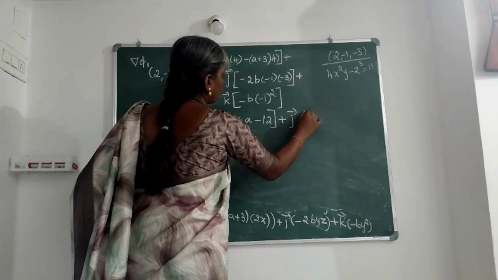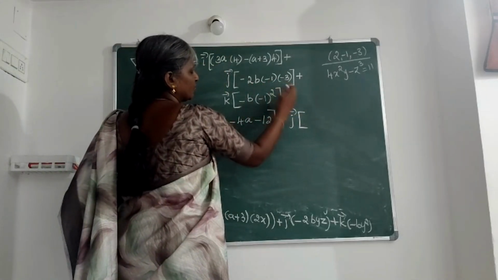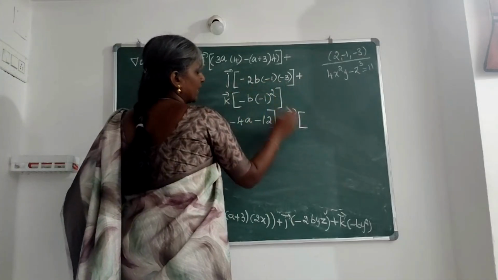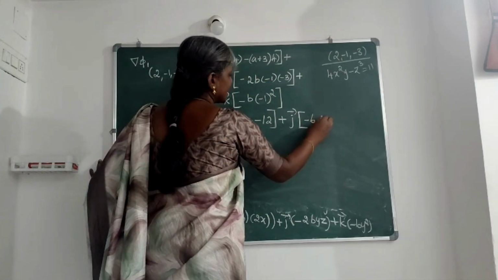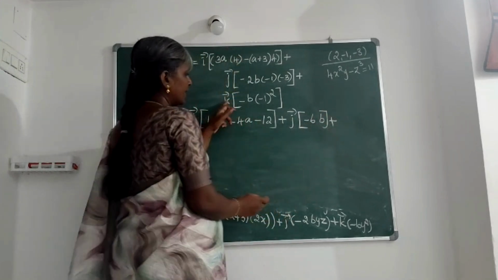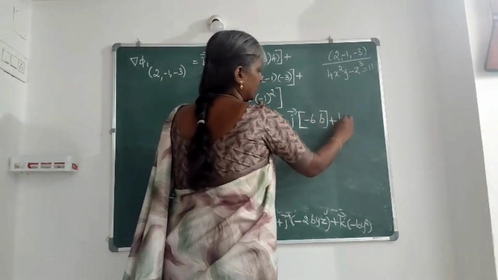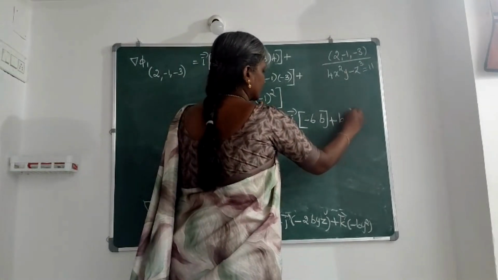Plus j vector of, minus into minus is plus, so 3 into −2, that is −6b j vector, plus, here we are having minus into minus is plus, b k vector.